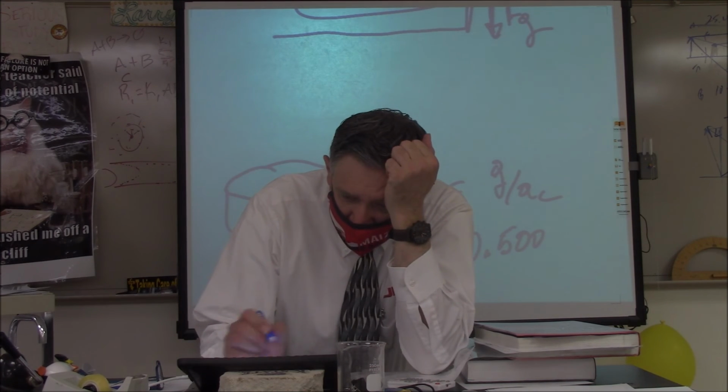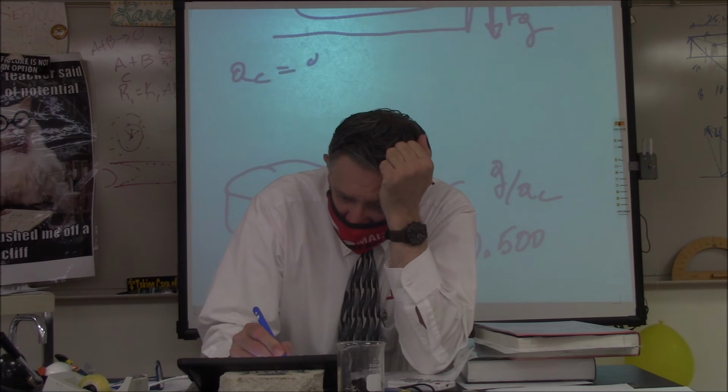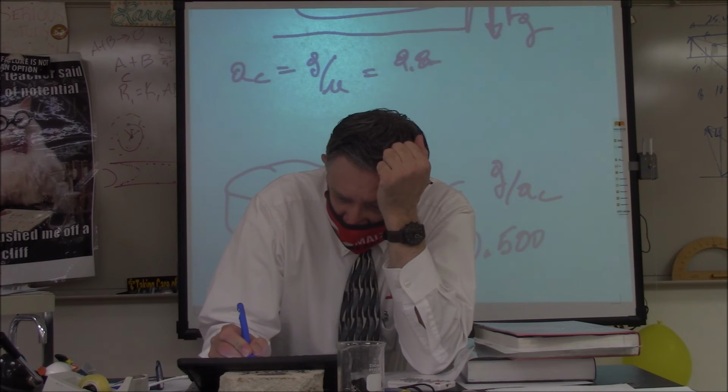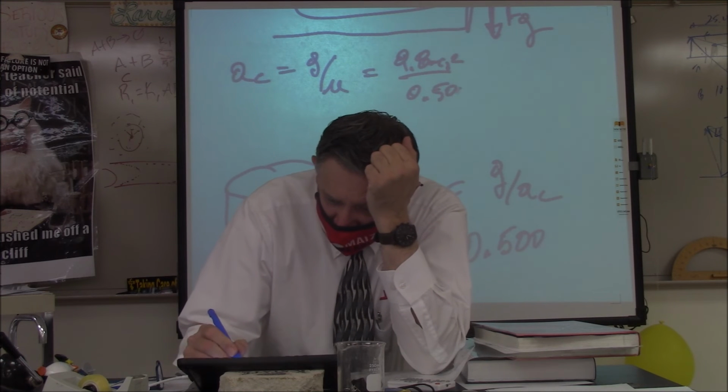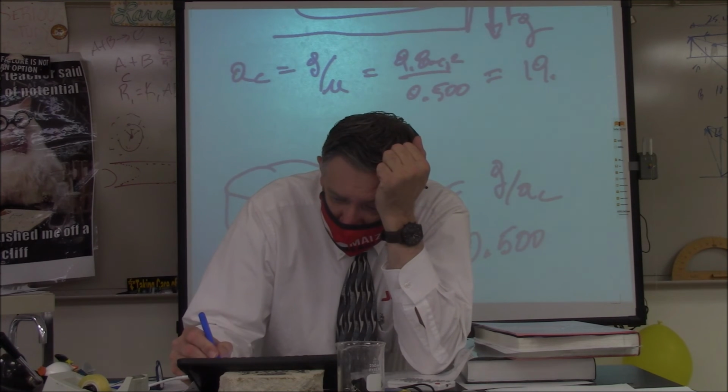So, my centripetal acceleration is going to equal g divided by mu. So Matt, take 9.8 meters per second squared and divide that by 0.5. And you should get 19.6, I think.